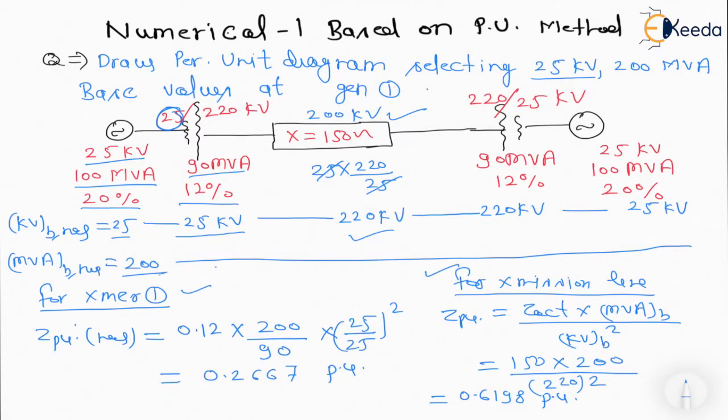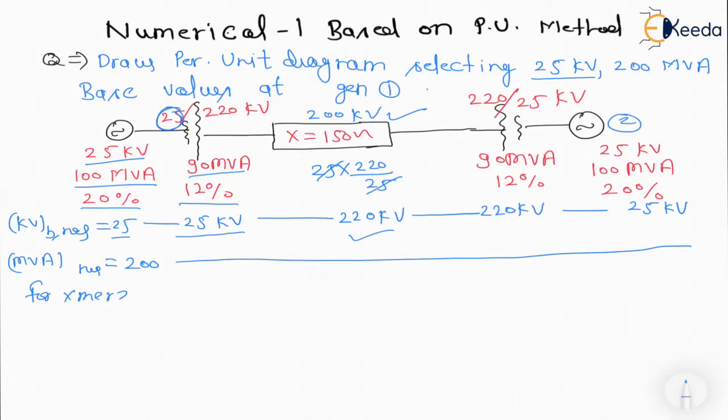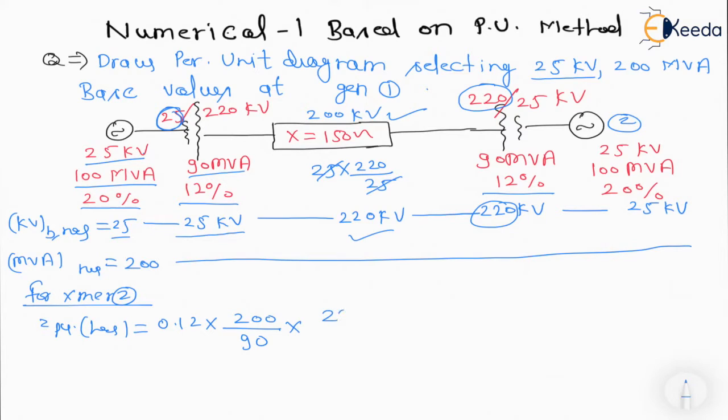So we calculated transformer number 1 and the transmission line. Now I'm going to calculate transformer number 2 and generator number 2. For transformer number 2, ZPU new will be equal to the old value, given as 12%, so 0.12, into MVAB new 200 upon MVAB old 90, into KVB old 220 upon KVB new 220, squared. It comes out to be 0.2667 per unit.